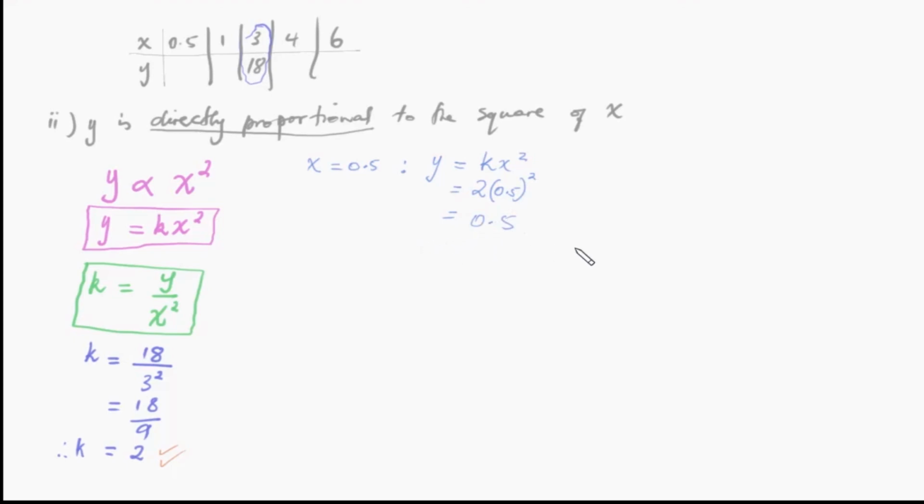Let me just confirm this. It's 2 times 1 over 2 squared, since 0.5 is 1 over 2. So it's the same as 2 times 1 over 4. So this goes once here and twice here. So we have 1 over 2, which is 0.5. Yeah, it's correct.